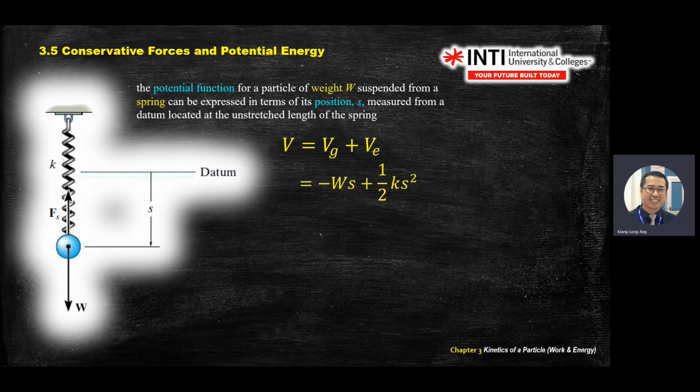That's why you see here your gravitational energy is negative. It's mgh, right, where s is negative. Then spring elastic energy will be half kx squared or ks squared. Just need to highlight, focus on the datum for the potential energy.